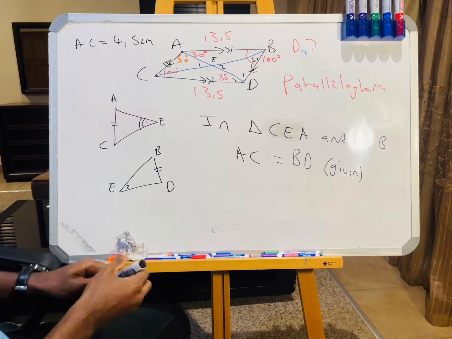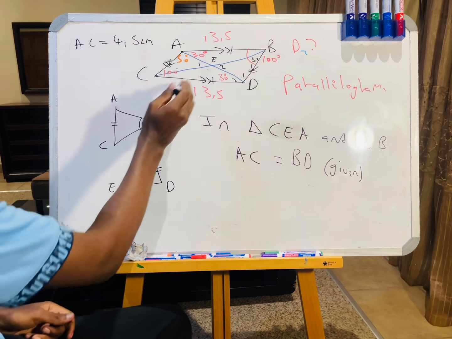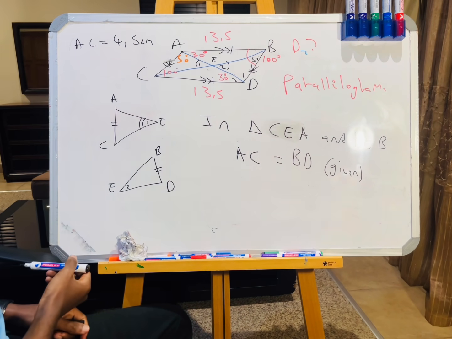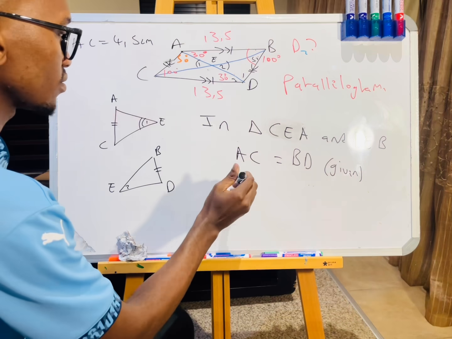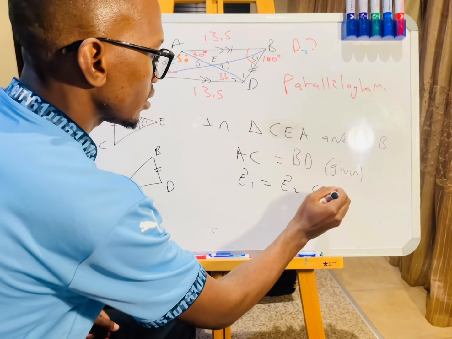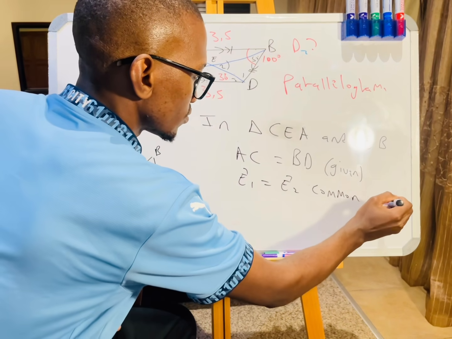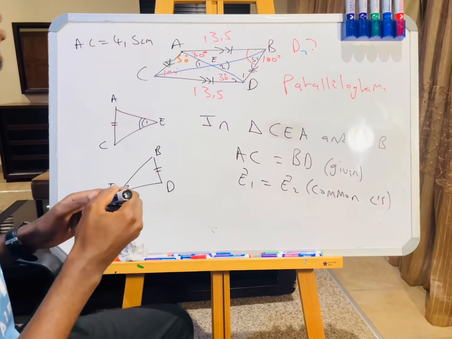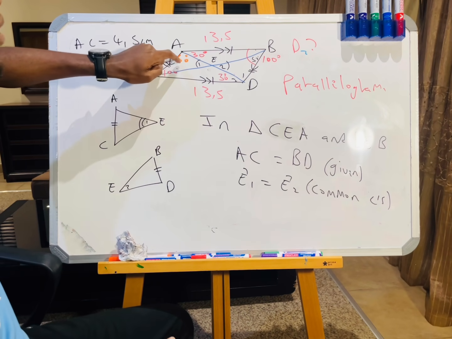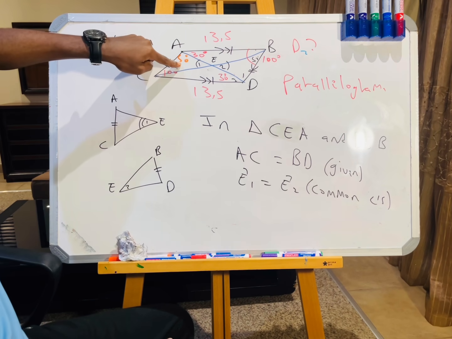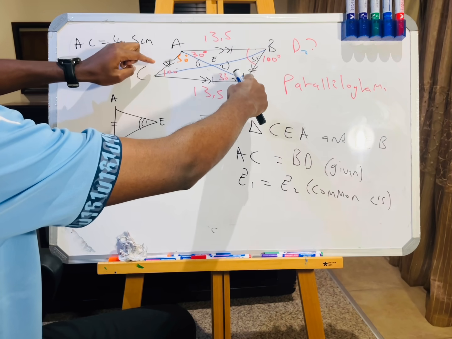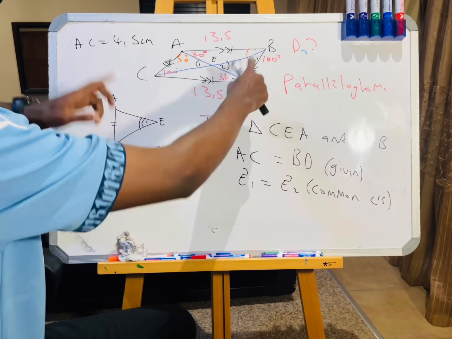And then another thing you can also give, I think it's the angles, right? If you can check your angle E1 here and E2, they'll be the same, common angles. Someone can also say this angle is 50, this angle here is 50. Even D1 is 50.